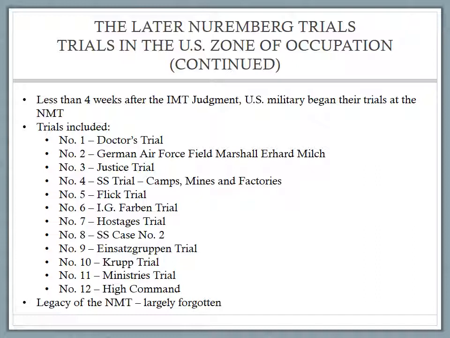Now, as a litigator in international human rights law, I always find it interesting and maybe a little bit exciting when these types of historical cases make their way into current opinions in U.S. jurisprudence. And language from the decision of the Farben case at the NMT was most recently featured in a Supreme Court case from earlier this year called Jesner versus Arab Bank.